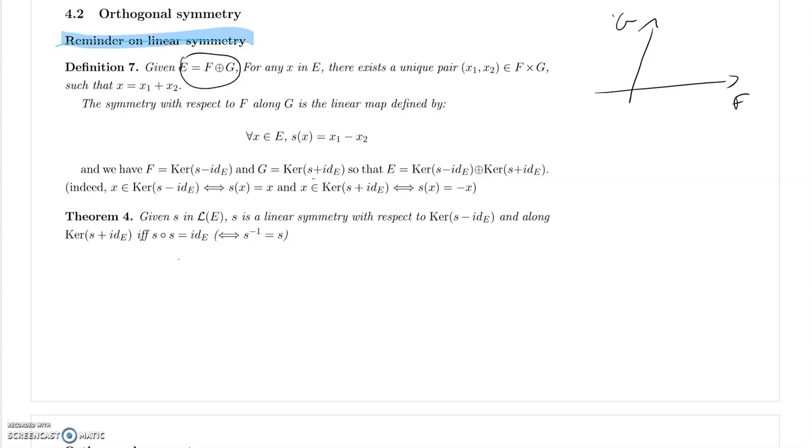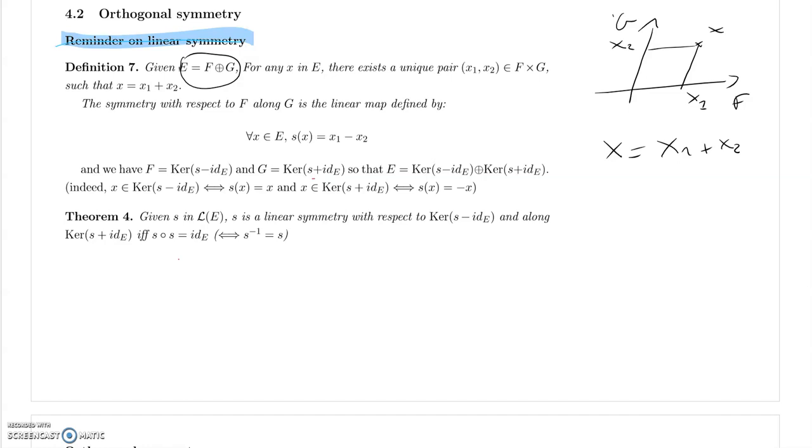Any x in R2 can be described as one piece x1 that belongs to F, and one piece x2 that belongs to G. And so x is uniquely written as x1 plus x2, the uniqueness coming from the fact that it's a direct sum.